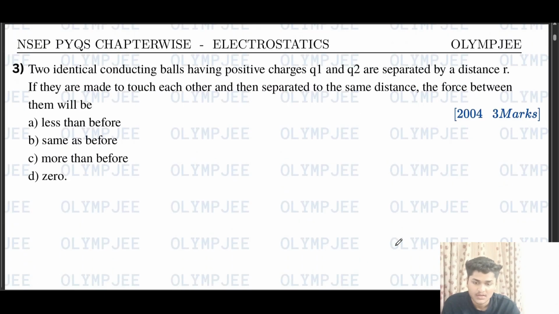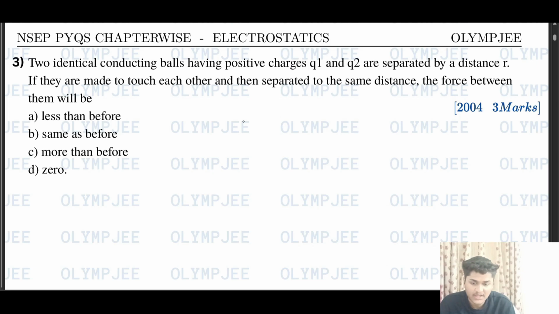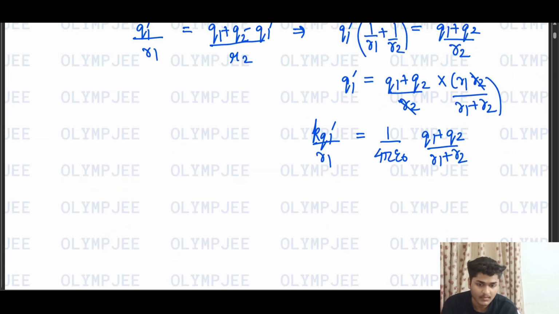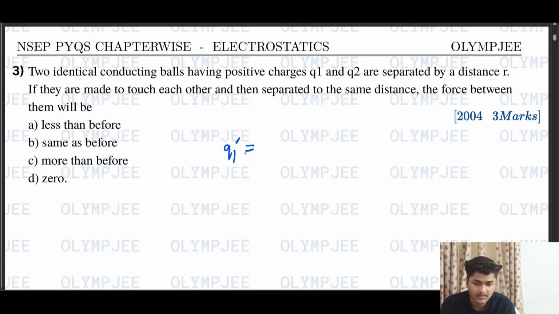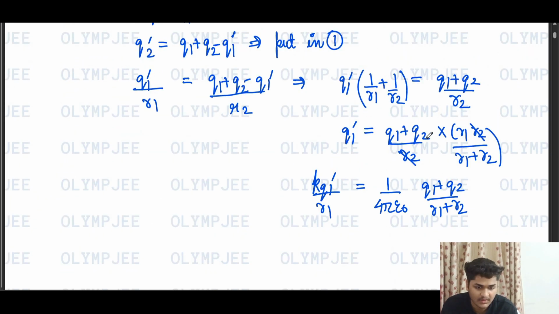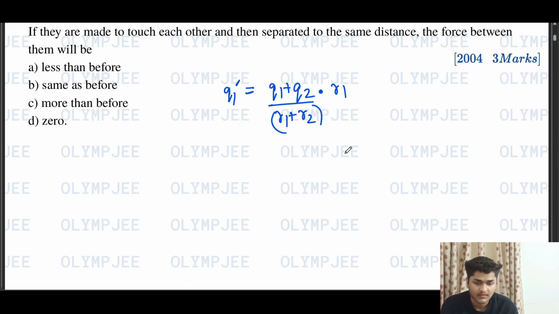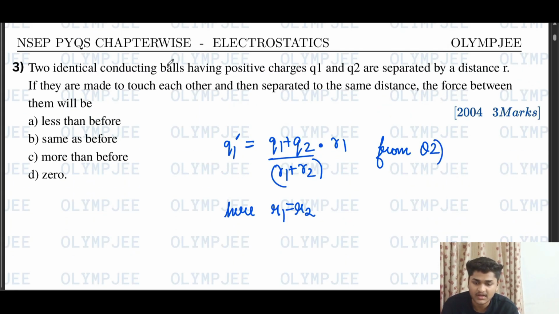So we know that q1 dash is equal to (q1 plus q2) by (r1 plus r2) multiplied by r1, right, from this thing, and from here r1 is equal to r2 because the conducting balls are identical.